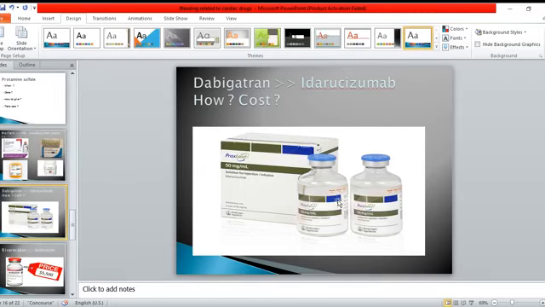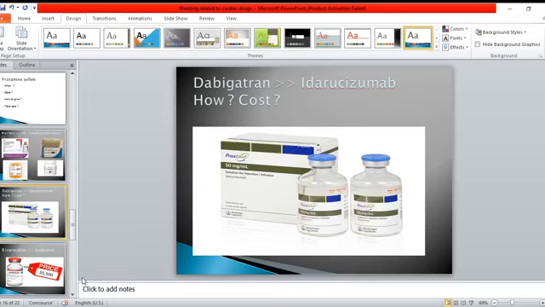So the patient needs 2 vials, and this usually costs at least $4,000. Okay, so it's a bit costly antidote, but it may be needed in case of severe bleeding associated with dabigatran, or if you need to rapidly reverse the effect of dabigatran in case of an emergency surgery and the patient is already taking the drug.